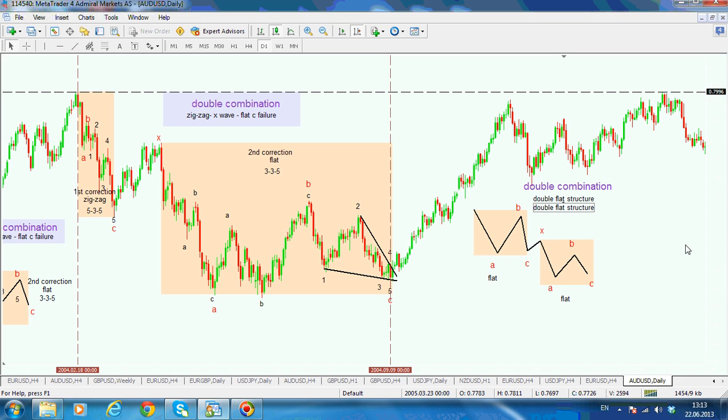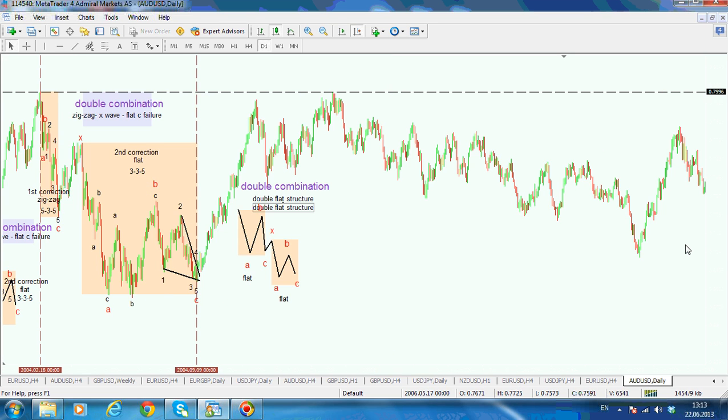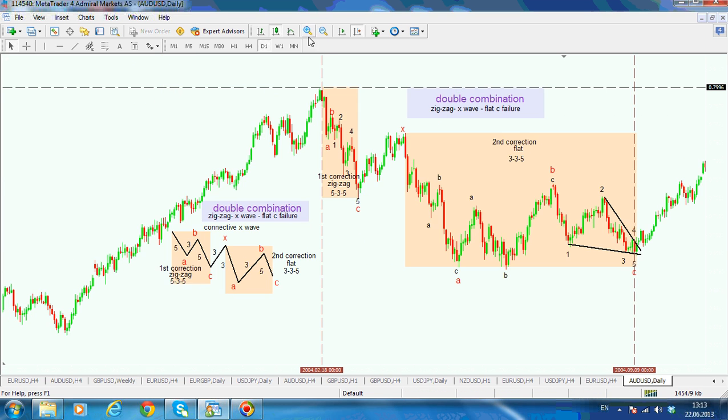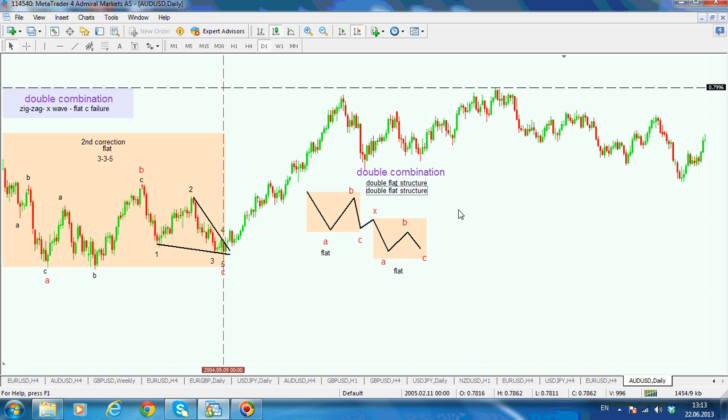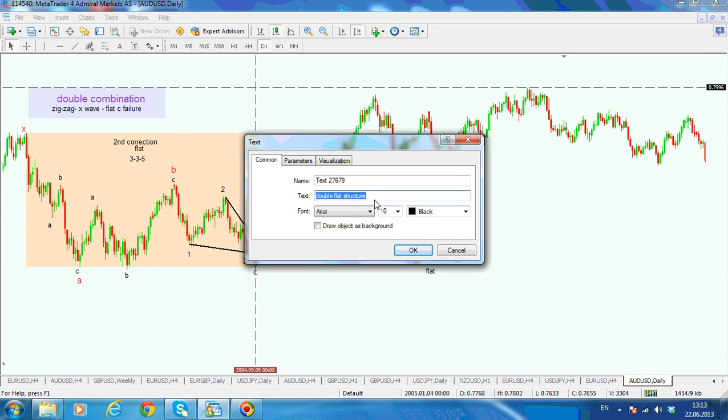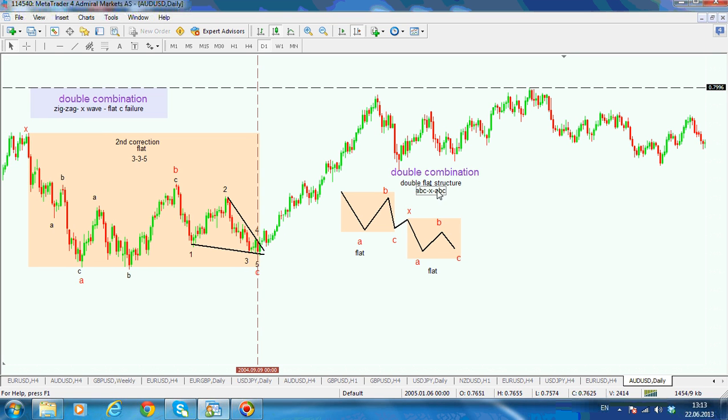It has the structure of A, B, C, X, and then another A, B, C. It has a flat, and this X wave here is a connective X-wave.